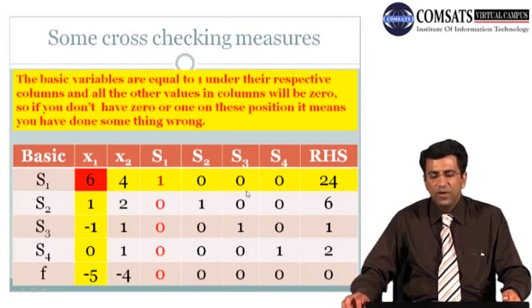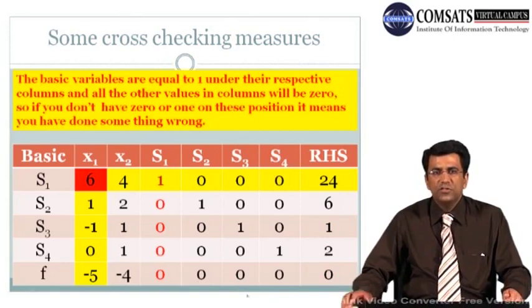Again, all the values above and below are 0. S4, at the intersection we have again 1, and all the values above this one and below this one are 0. So we have these values, and it gives you the guideline that everything is going right and you didn't have a miscalculation in these sorts of problems. So this is just a guideline to recheck your solution.